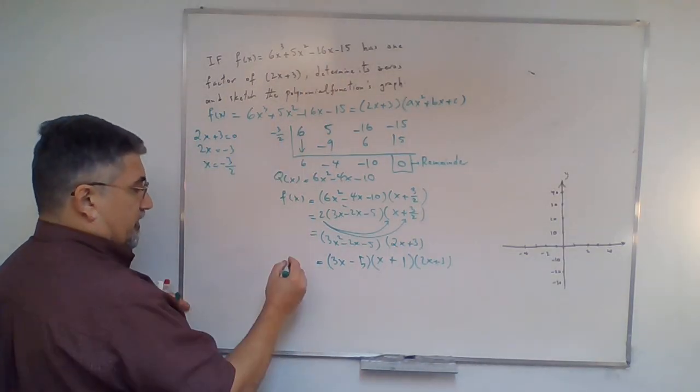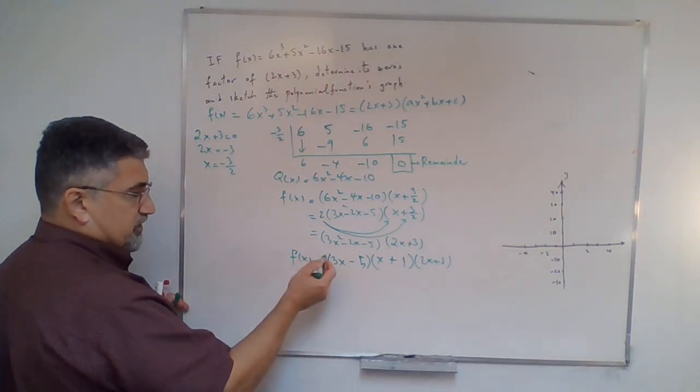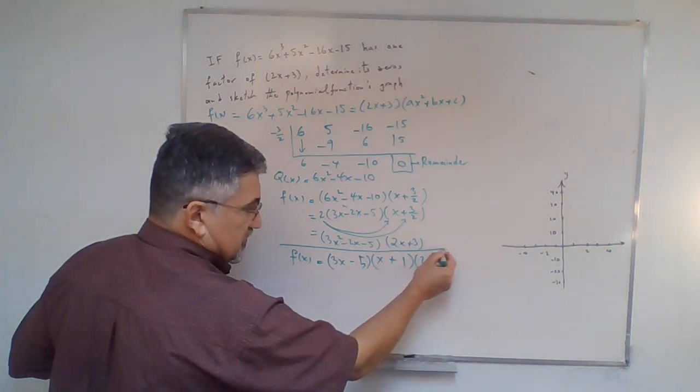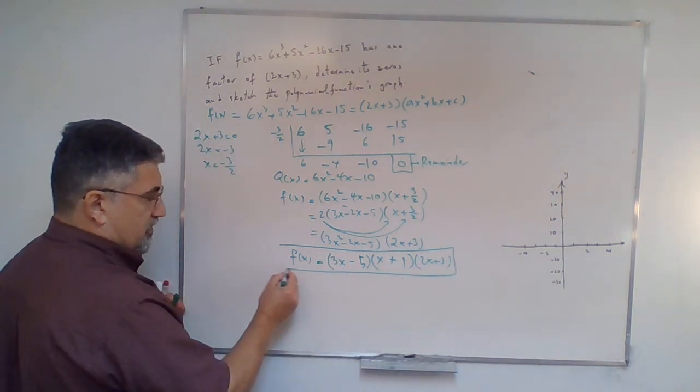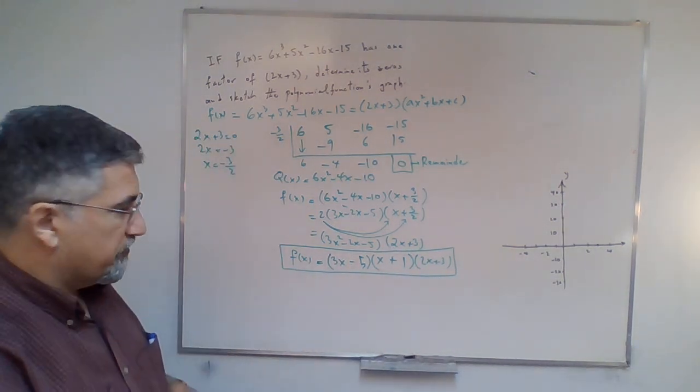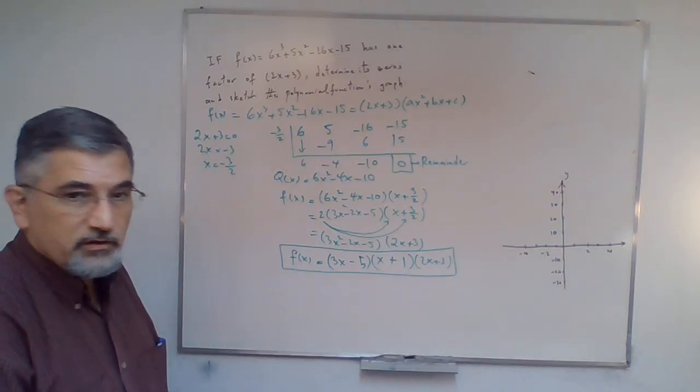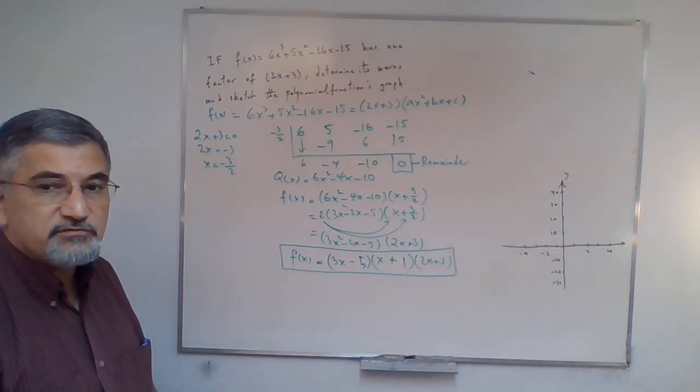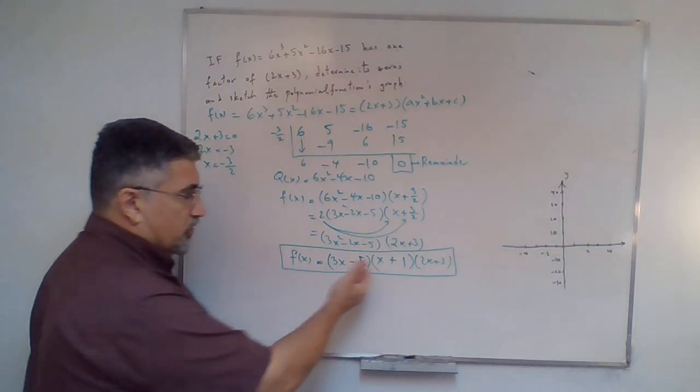So that cubic function is now factored, and this is a big deal, right? Because we can use this to draw the sketch of this polynomial. What are the zeros?